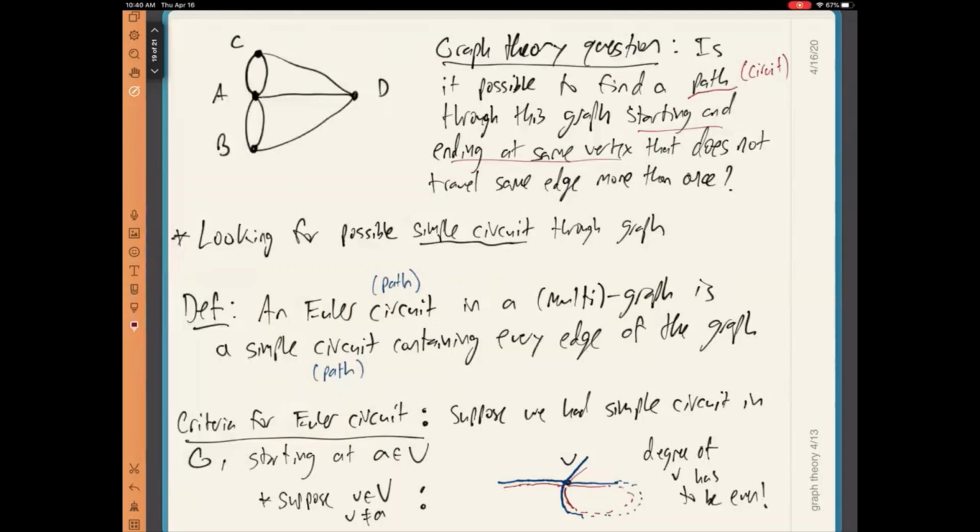So C has degree 3, D has degree 3, B has degree 3, and A has degree 5. And so in fact, this fails dramatically because every single vertex has odd degree. What the theorem says is that you need every vertex to have even degree, and this is like the worst alternative where every vertex has odd degree. And so there is no Euler circuit.